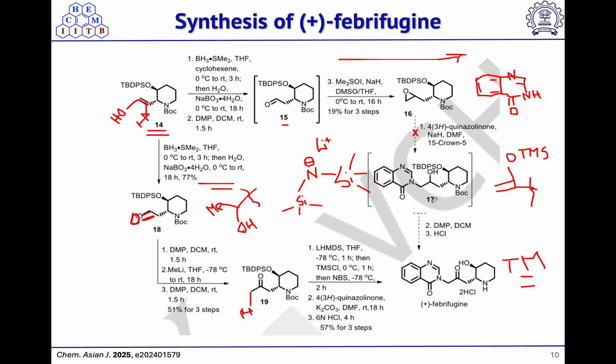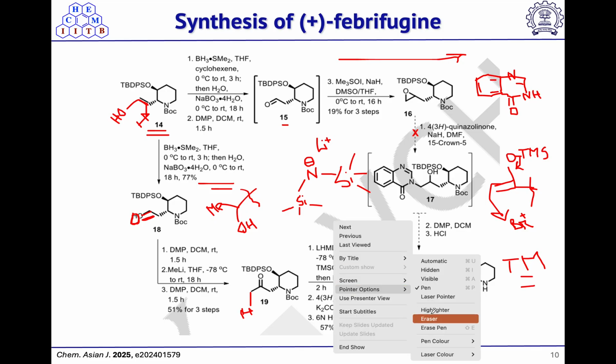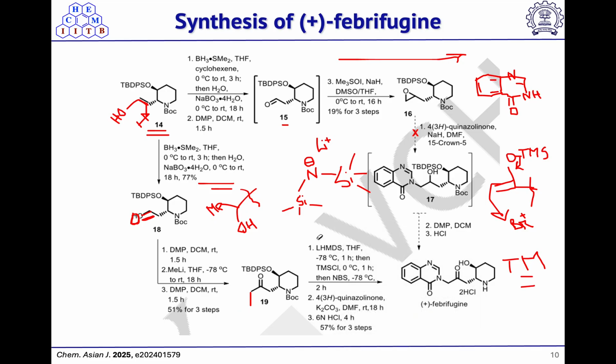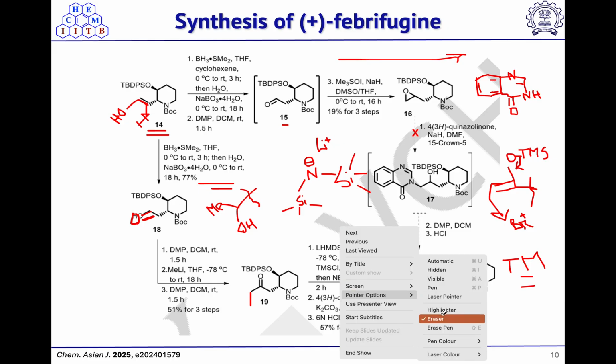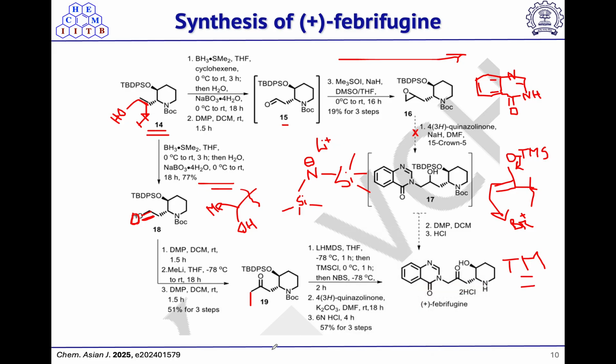After formation of this enol TMS, you are providing N-bromosuccinimide, that means a brominating agent. Okay, so basically the enol TMS will break, and it will capture the bromine plus, and you will get here this C-Br bond. So finally you will get bromine at this carbon, right?